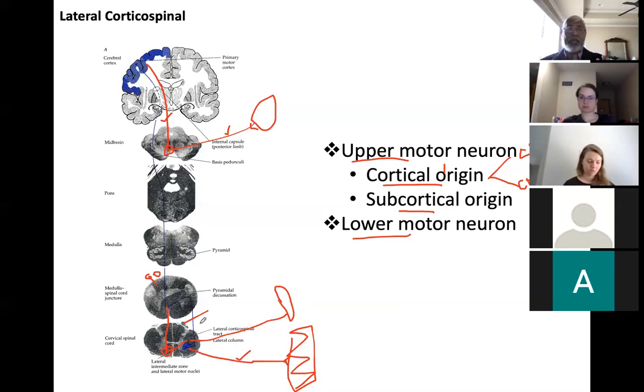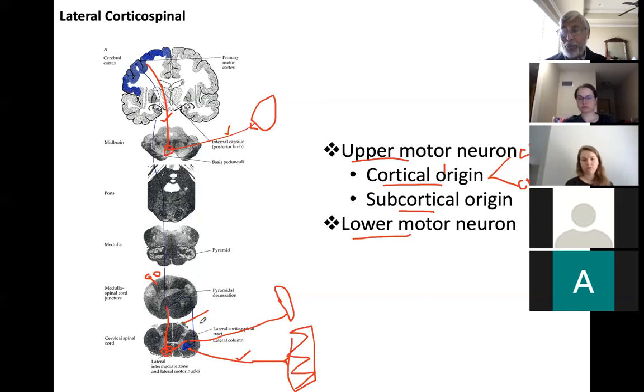So the most important descending tract is the corticospinal. Corticospinal means they begin in the cortex and they end in the spinal cord, right? Simple. That is the most important descending tract.